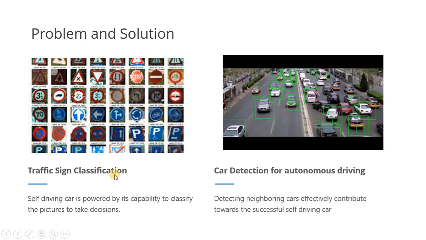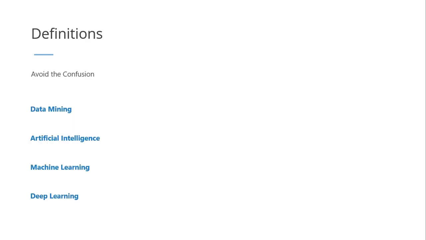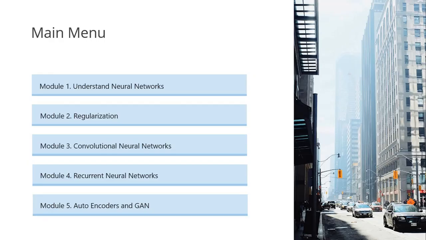So, image data should be handled with utmost care, and a special neural network that can perform these tasks is the CNN. This is what we cover in module 3 under the topic convolutional neural networks.